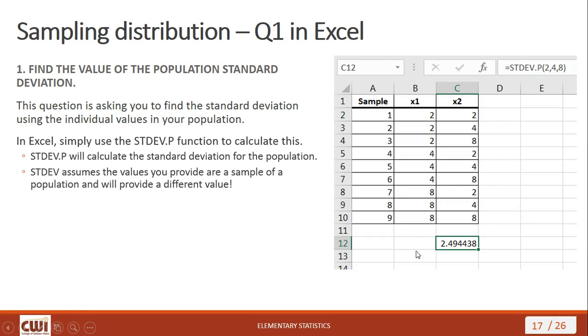The population standard deviation is then going to be, as you can see here from our function, STDEV.P, and then inside the parentheses we're going to put the actual values from our population, 2, 4, and 8. So there are no cells to select per se. We're actually just going to put the values for our population here in our formula in Excel.